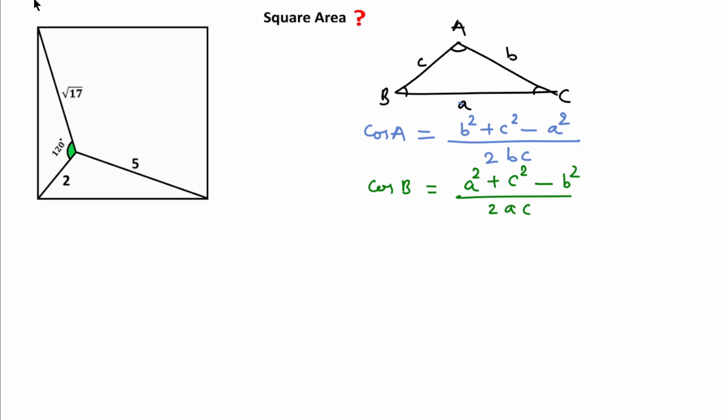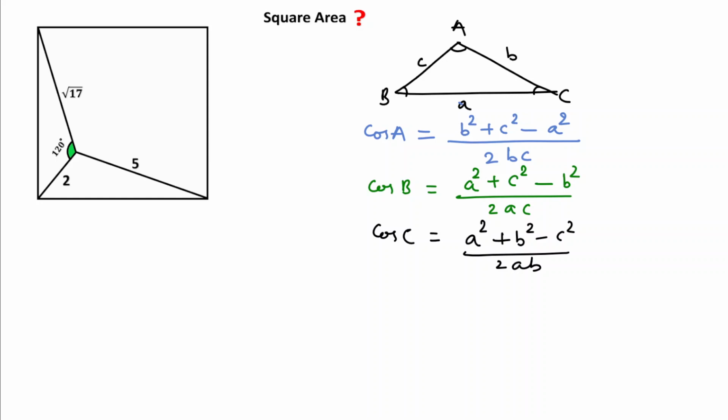Also I can write cos C equal to the sum of squares of this side and this side, that is a square plus b square minus c square, over 2ab. So these are the formulas. I will use these formulas for solving this question.